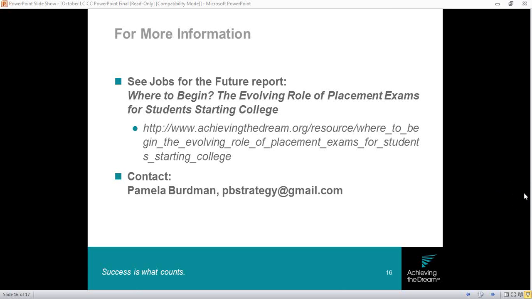So it wouldn't be a new test. It will be using the PARC and Smarter Balance assessments as vehicles for placement based on a mutually agreed upon cut score.